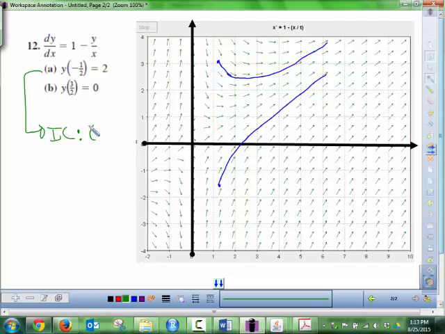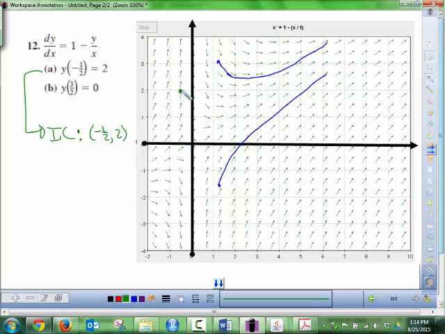It's a given point, right? So the x value is -1/2, and the y value is 2. This initial condition tells you where you're going to drop your little floaty thing. So 1/2 would be right around here, and 2 would be right up here.